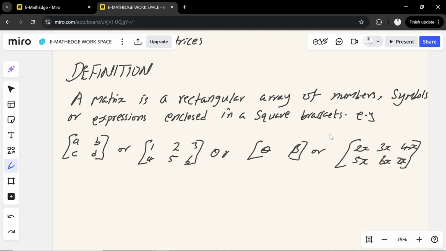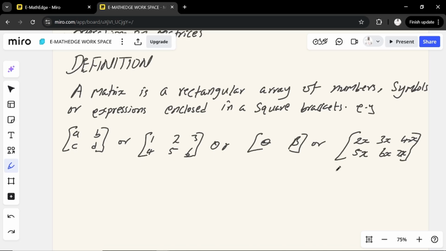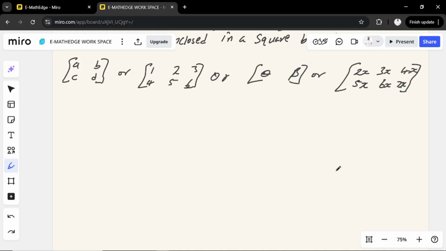We have so many examples of matrices. So with time we are going to look at all those matrices and identify what type or what kind of matrix this or that is. So let's proceed. The next thing we are going to look at is terminologies. What are those terminologies in matrices?